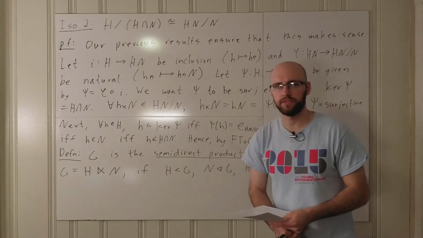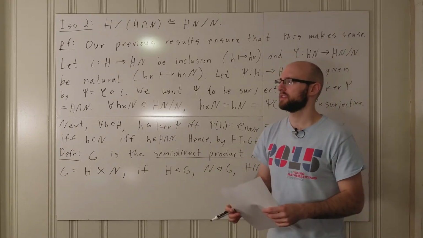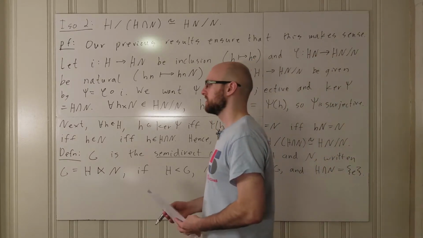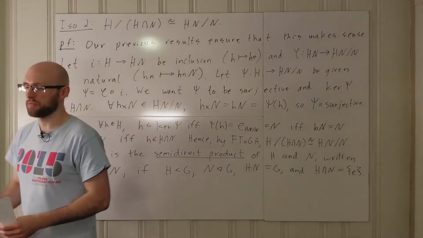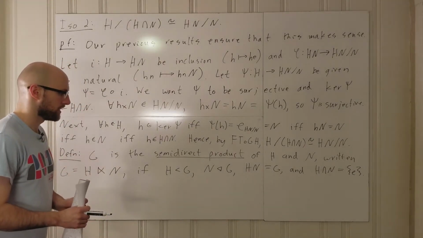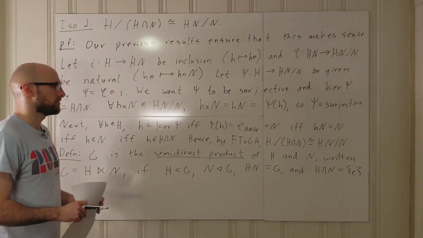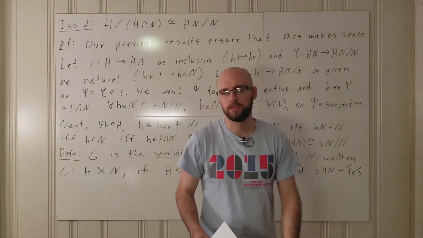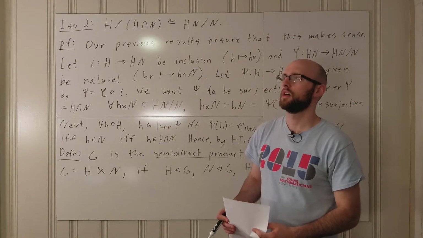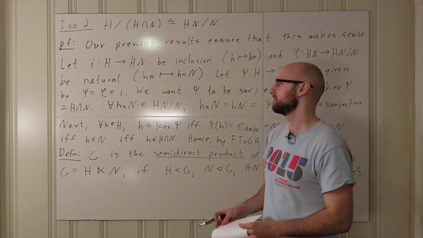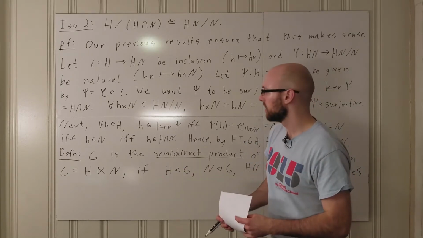There's sort of an idea here: you see semi-direct product, so you're thinking direct product. This is sort of like taking a product of H and N, and it's like that because you have H intersect N is trivial, which is sort of like what you have when you take direct sums or whatever.